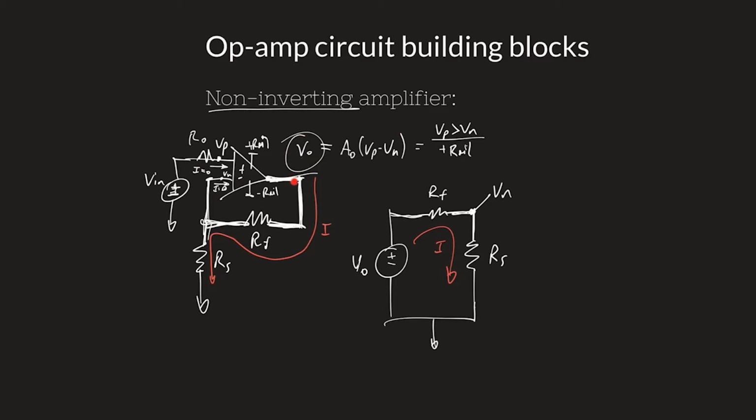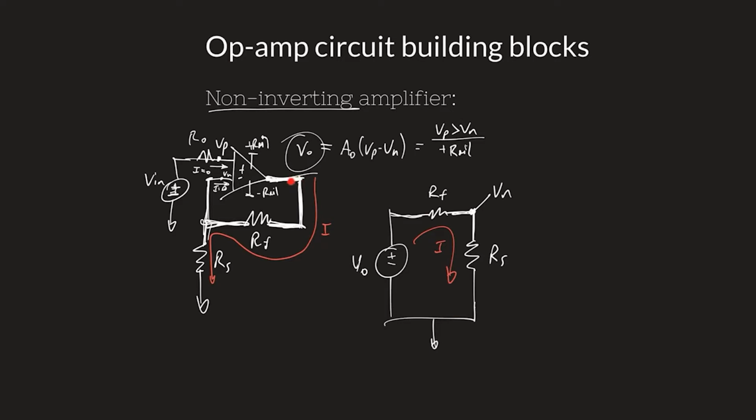So that high value is sensed by this Vn, this inverting input, because of this feedback. Sure, there's a divider here. It's losing some energy here to get to here, but this argument works just fine as long as Vp and Vn are close enough.